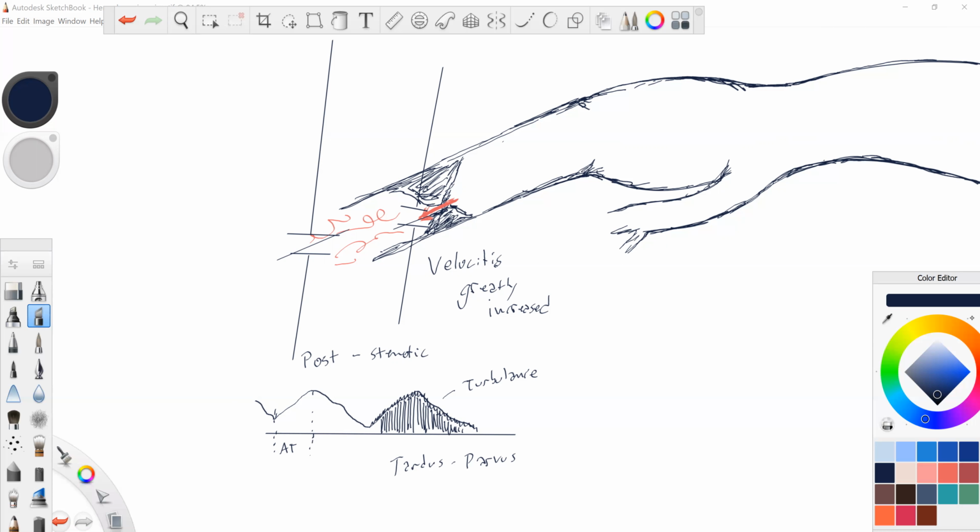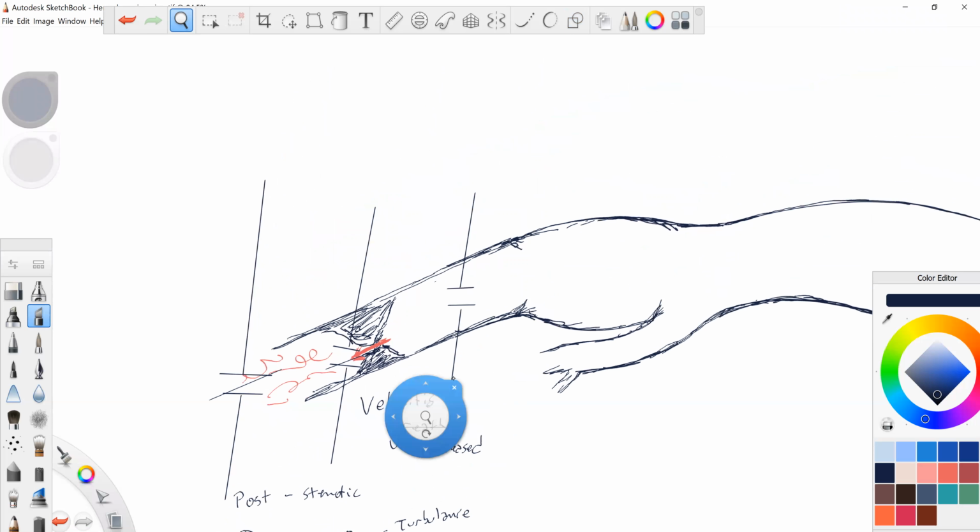Now there's one waveform that's a little harder to predict. On a severe stenosis or a full stenosis, a complete occlusion, we can get a pre-stenotic waveform.